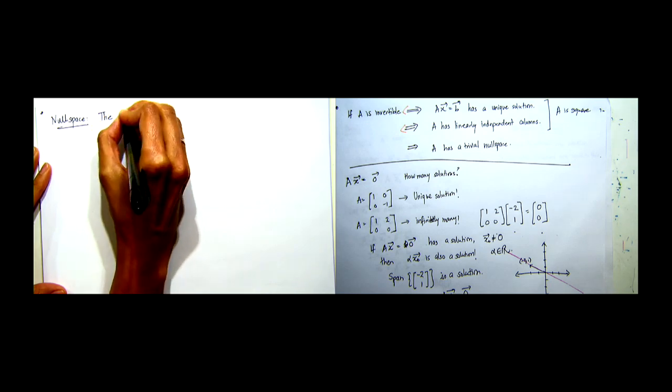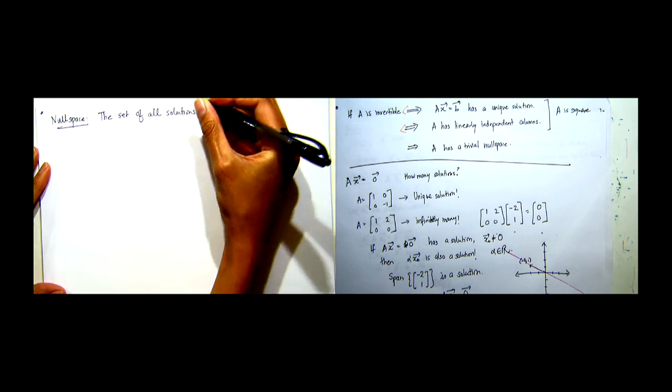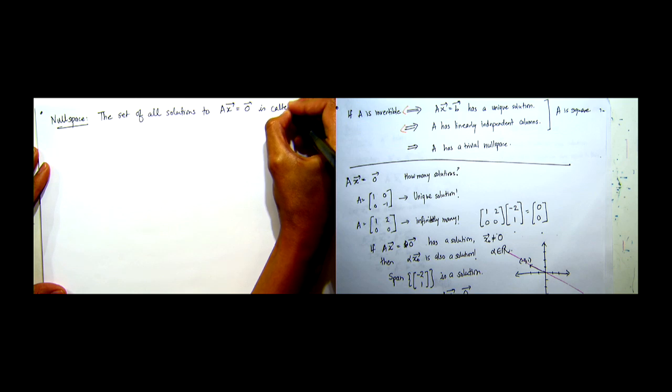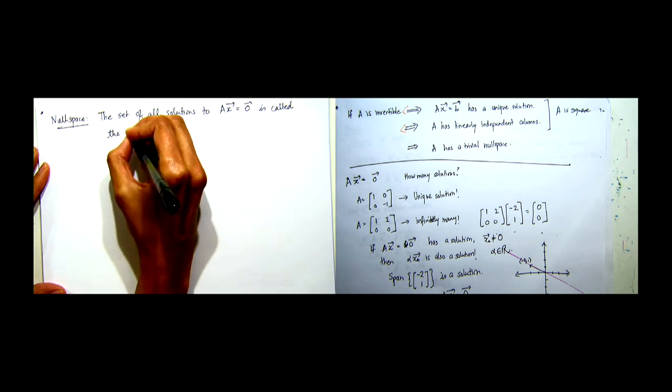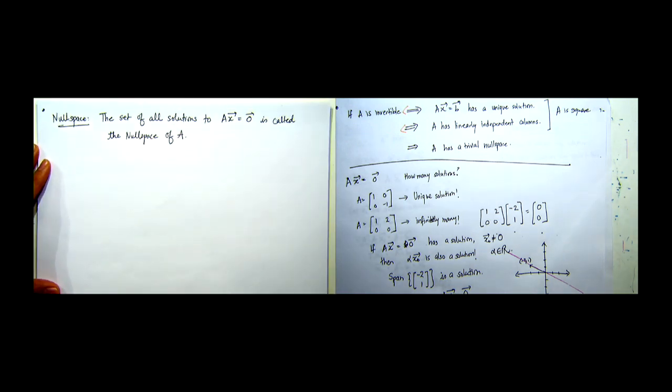The set of all solutions to the equation AX equal to 0 is called the null space of A. This is one type of vector space. And we'll talk more about what vector spaces are in a bit, but we haven't talked about them yet.